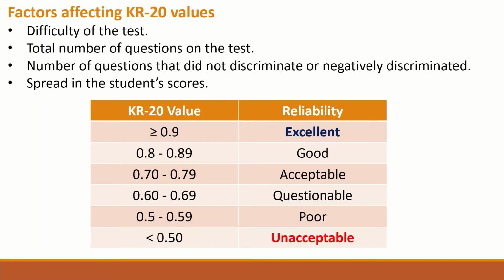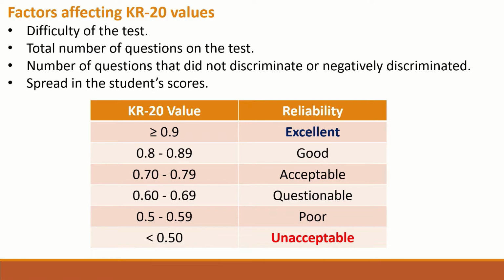The reliability of an exam is good when the KR20 value is between 0.8 and 0.89. A KR20 value of 0.7 to 0.79 is considered to be acceptable reliability of an exam. A test is questionable in reliability when the value ranges from 0.6 to 0.69.